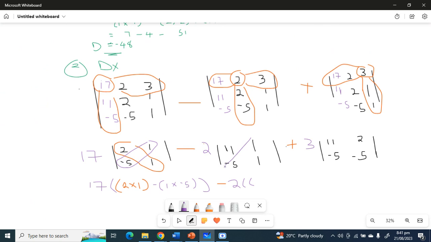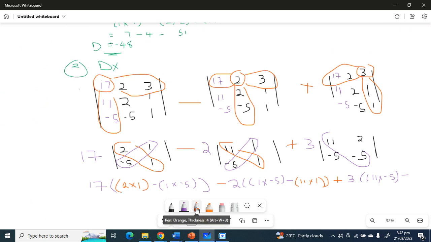So that leading diagonal, 1 times negative 5, minus 11 times 1, plus, we got our 3 here, open brackets, leading diagonal, 11 times negative 5, minus 2 times negative 5.